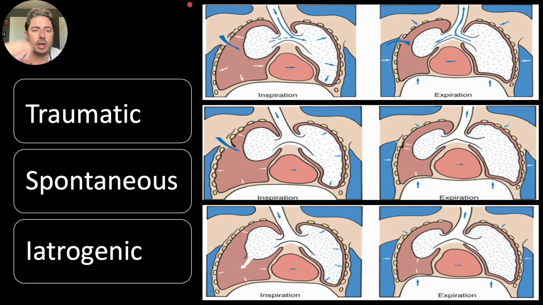The last one that we're going to look at here is an iatrogenic pneumothorax. Say that word again. Iatrogenic pneumothorax. What this means is it's a pneumothorax that occurs during a diagnostic or a therapeutic procedure. So let me ask you, what procedures have we talked about so far in this program that could cause a pneumothorax?